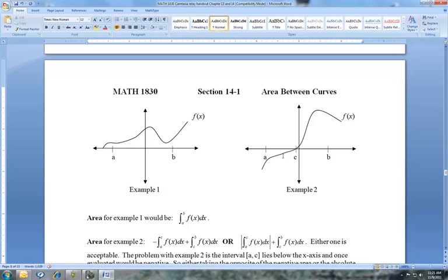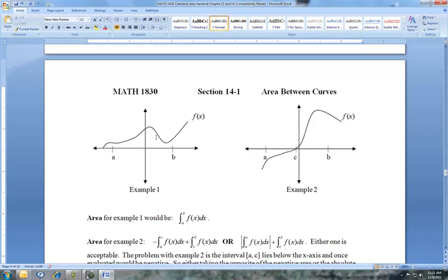But if my curve crosses the x-axis, if you remember in 13.4, any area below is negative. In this section, when we talk about area between curves, it's a gross area. It's total area, and area has to be positive.